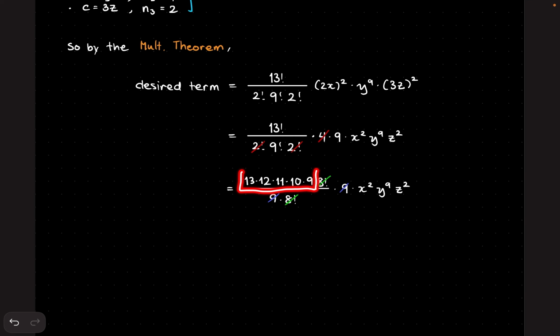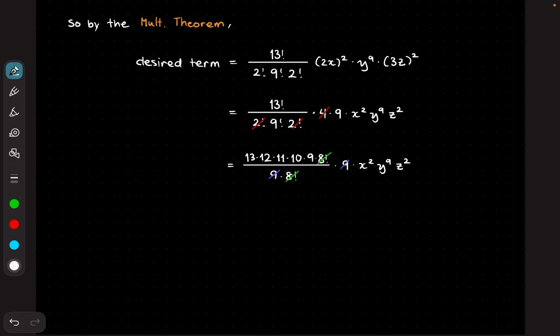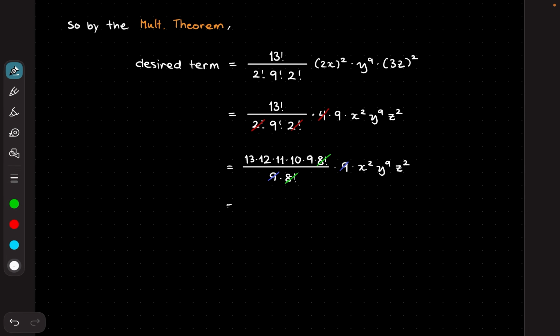is to multiply this, and I will leave that to you as an exercise because it's just basic multiplication. But one can check that this simplifies to 154,440. So let me box this one, for the term x squared y raised to 9 z squared.